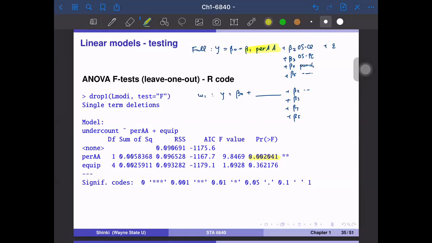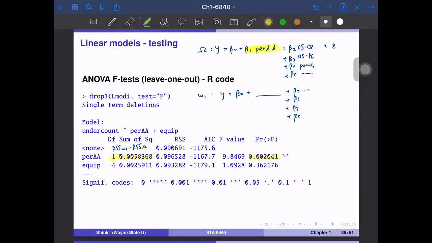And it can be read in the same way. So the RSS difference is here. You can see this is RSS omega 1 minus RSS full model. The full model, maybe we say just capital omega. So this is the one. And the degrees of freedom is 1.